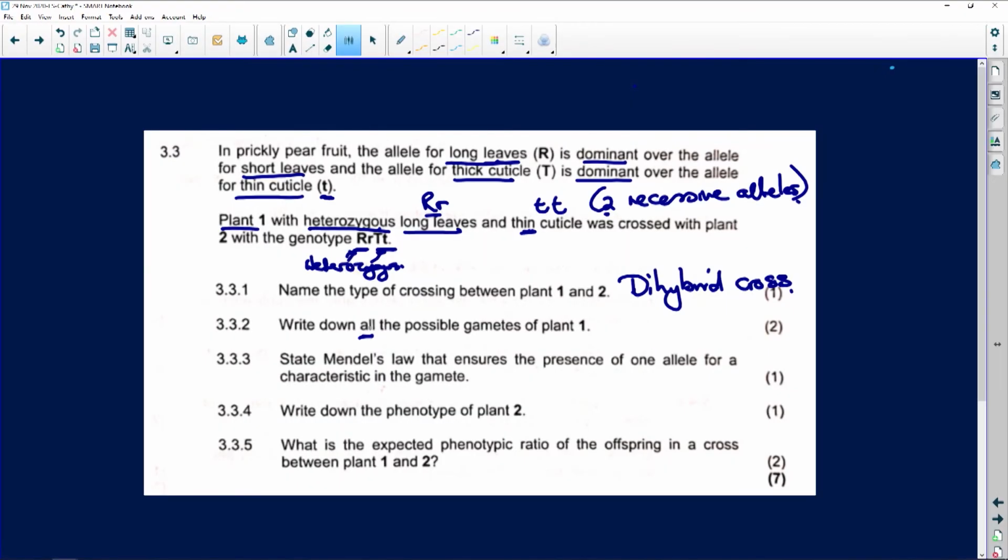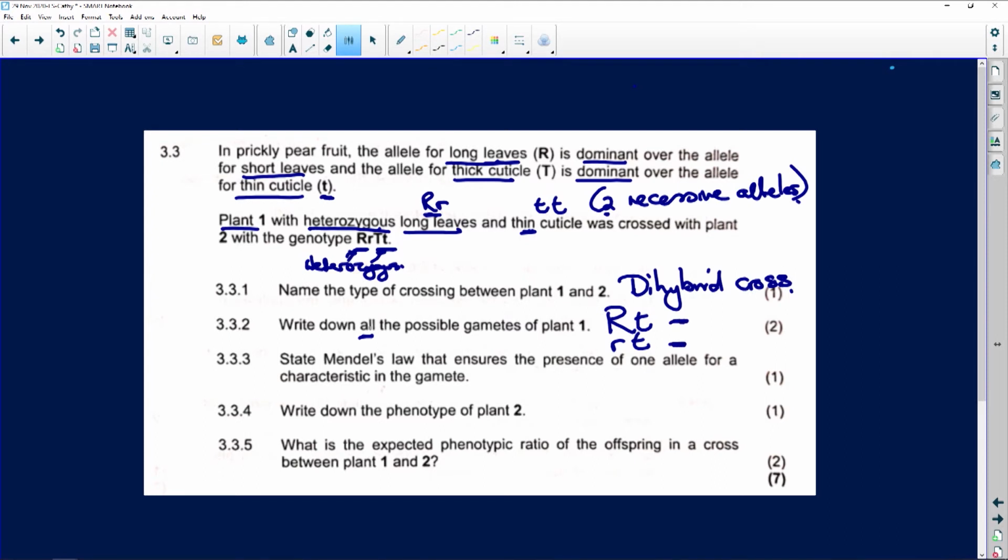You would see the thick cuticle. Why? Because the thick cuticle dominates over the thin cuticle. Alrighty, so we're going to have capital R and lowercase r, and we're going to have lowercase t and lowercase t. So what do we see here? We're going to have heterozygous and we're going to have homozygous.